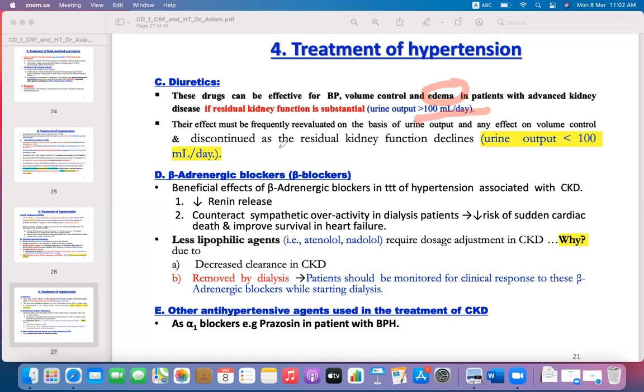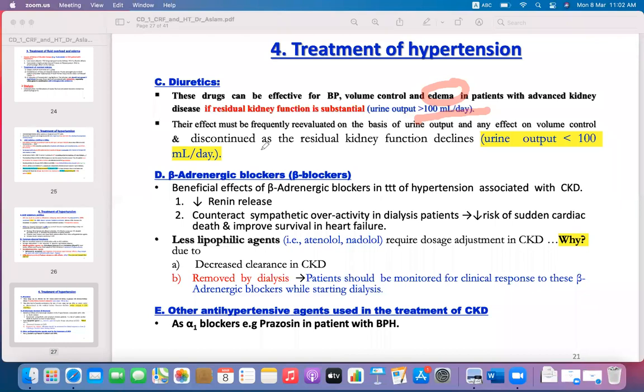Their effect must be frequently reevaluated on the basis of urine output and any effect on volume control. So diuretics are also considered in the patient with hypertension if the patient has edema.